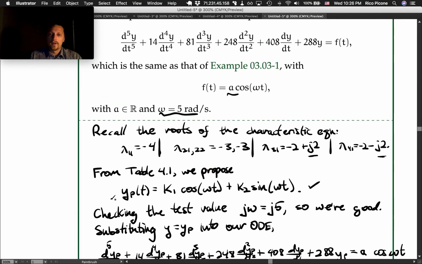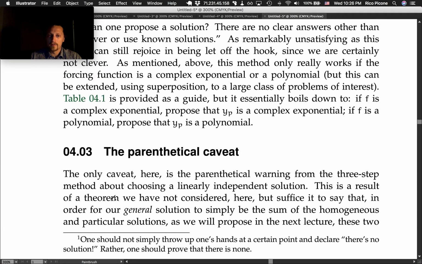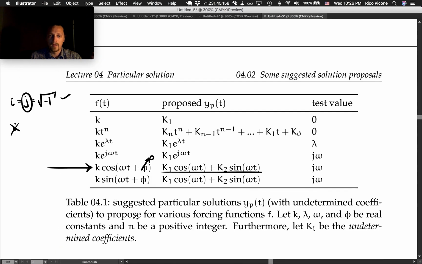It all started with having a good proposed solution from the table. And I didn't steer you wrong. These are good. So when you plug them in, you should be fine when you get to the end. Make sure you do your test value and go forth from there. And then you just have to solve a system of linear equations for the unknowns, which in most problems is going to be at most 2.